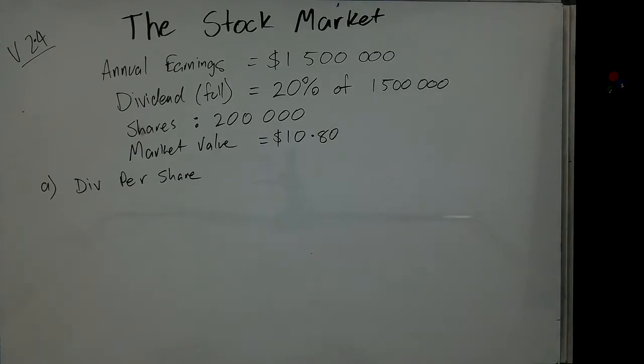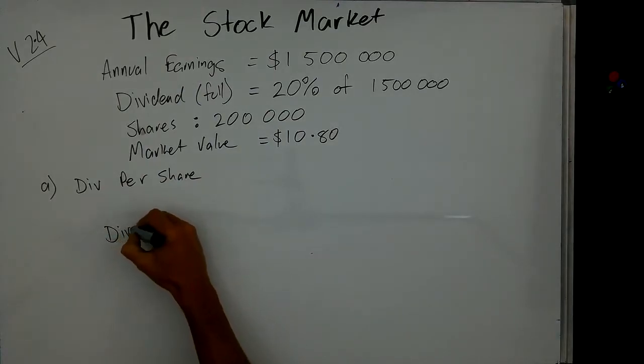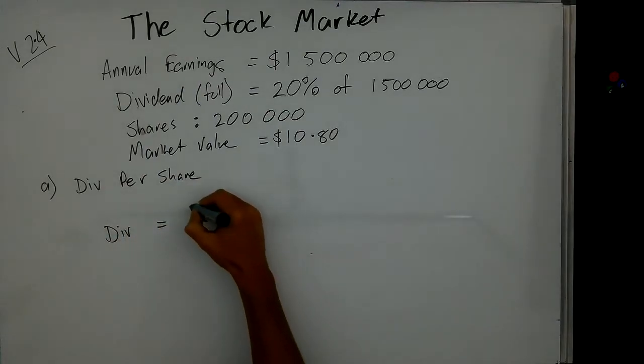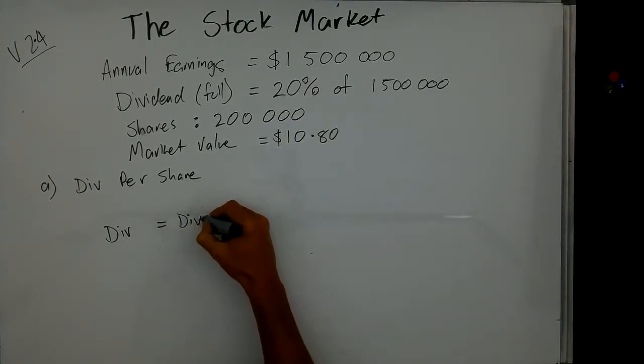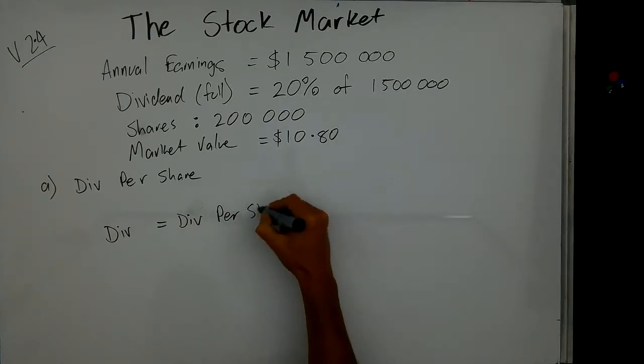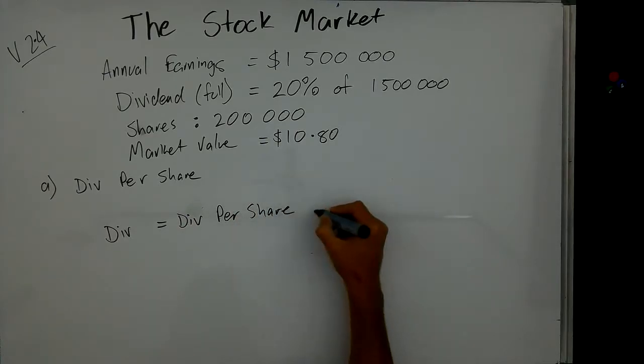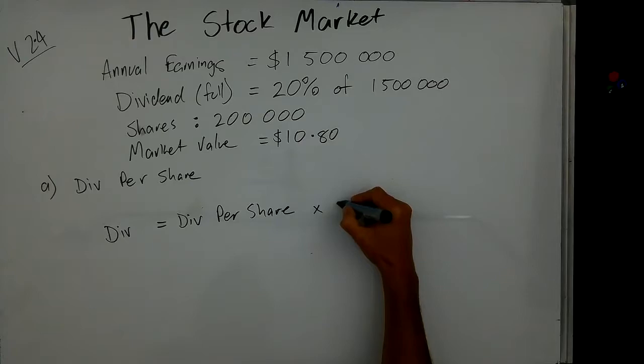So, our first formula was the full dividend. Dividend equals dividend per share, which is what we want, multiplied by the number of shares.